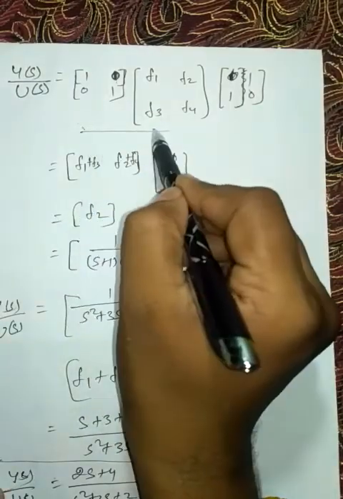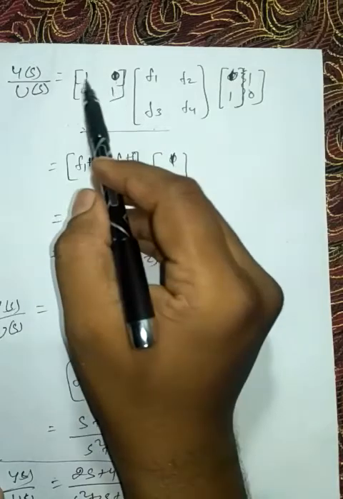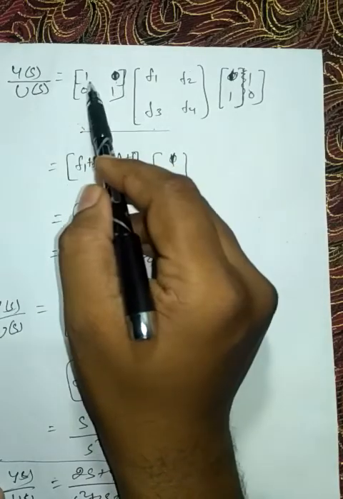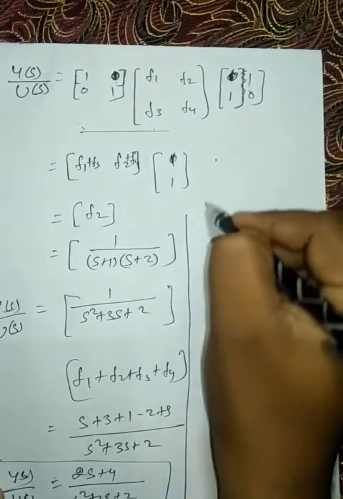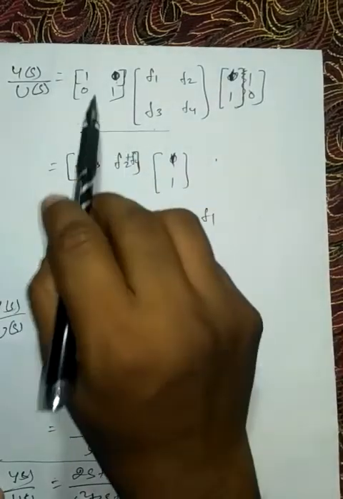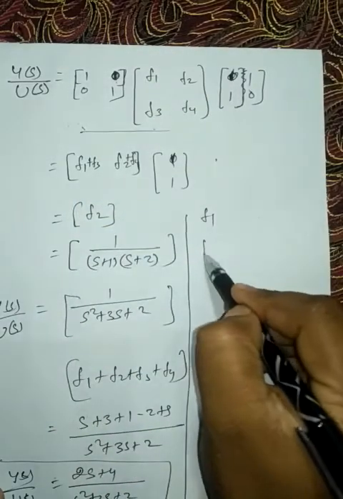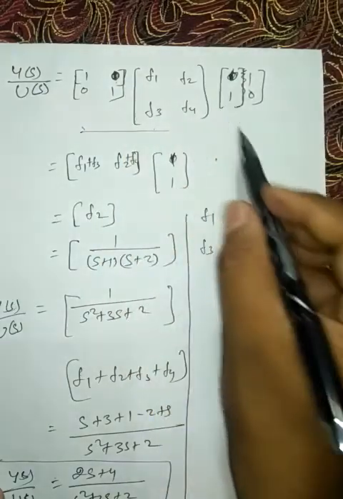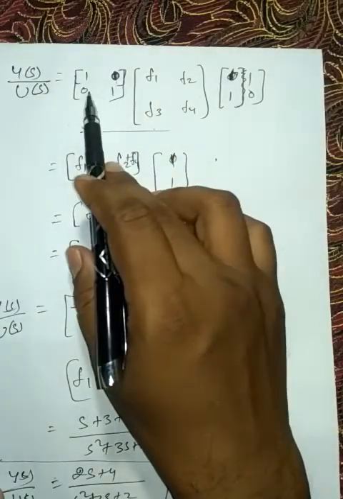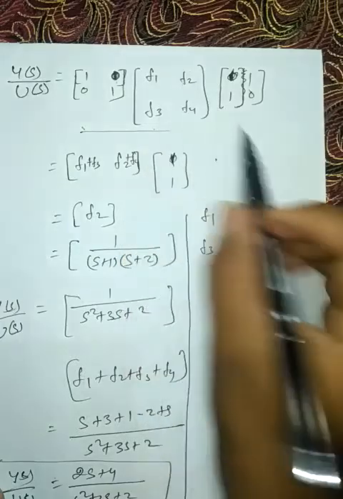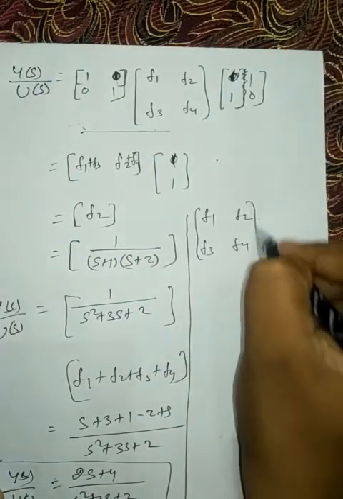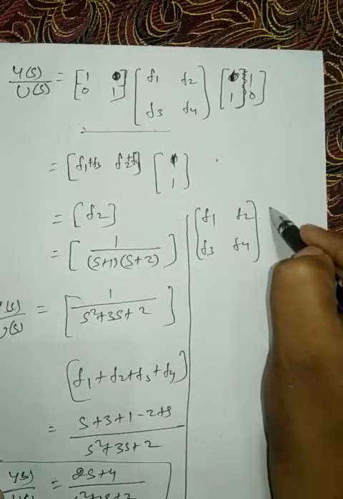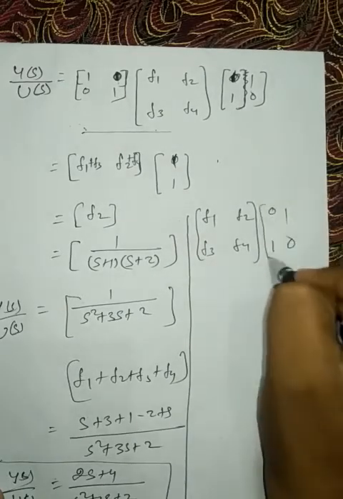Then if I multiply these two, what will be the result? First of all, this 1 into f1 plus f3 plus 0. So here will be f1 and here f3. Here f2 and here f4. Then 0 1 1 0.